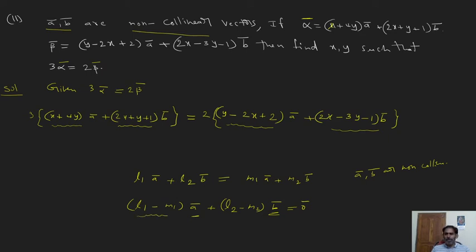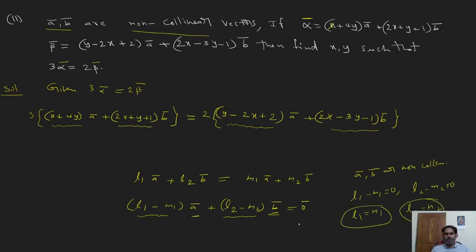Non-collinear vectors are always linearly independent. Linearly independent means the scalar should be 0, otherwise this cannot be 0. Linearly independent means every term should be 0. That means L1 minus M1 equals 0, similarly L2 minus M2 equals 0. That implies L1 equals M1 and L2 equals M2.